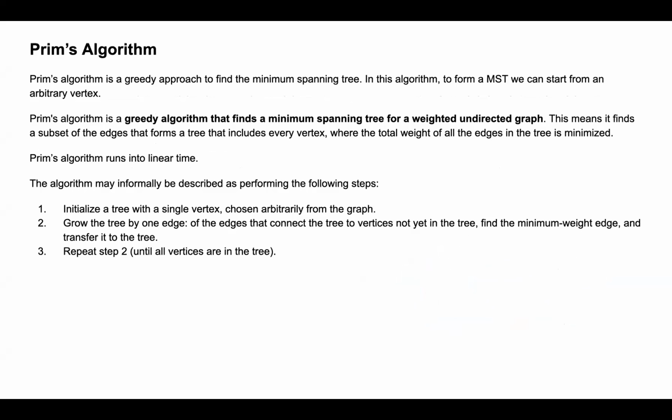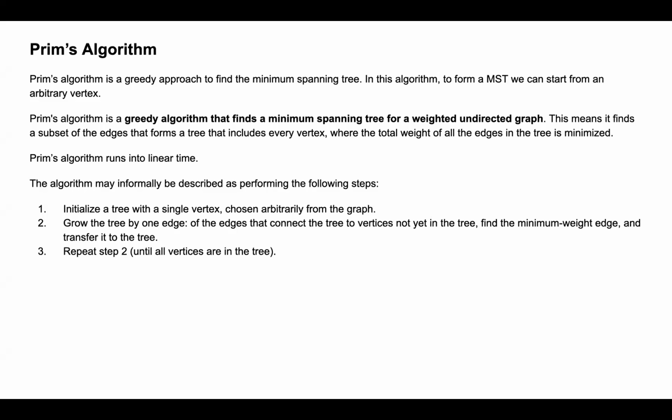In this algorithm, to form a minimum spanning tree, we can start from an arbitrary vertex. Any vertex we can choose to start with. Prim's algorithm is a greedy algorithm that finds a minimum spanning tree for a weighted undirected graph.